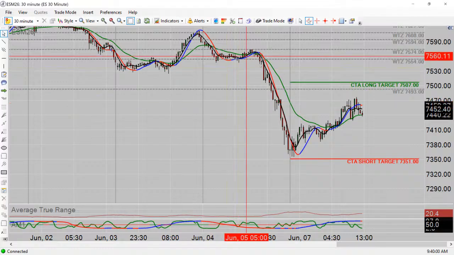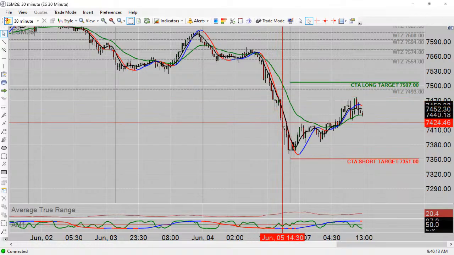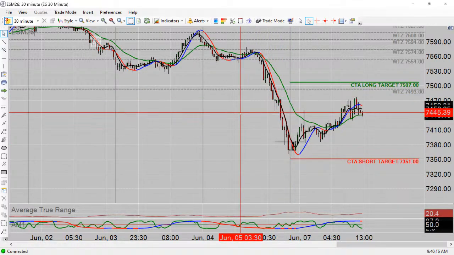So everything was cooking along just fine Friday until about 11:30. That's when the European markets closed. And it was just the U.S. and, man, the bottom fell out. So we often question during the live training room, because something almost always happens at 11:30 when the European markets close.